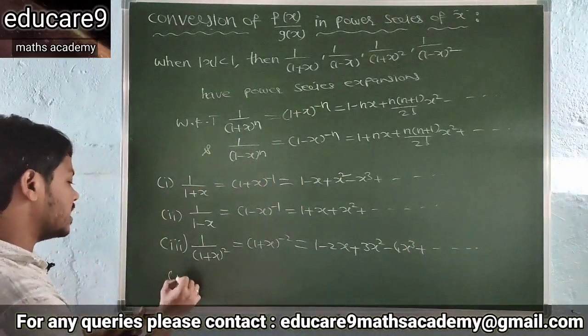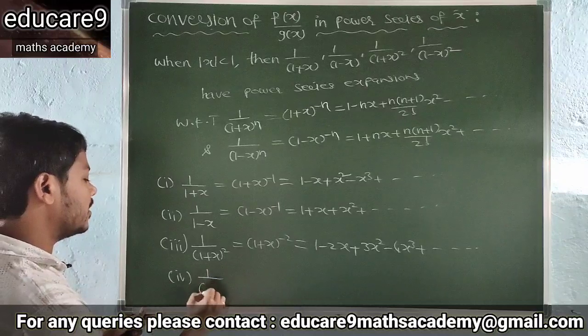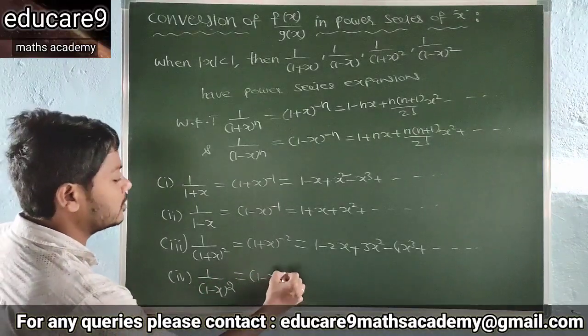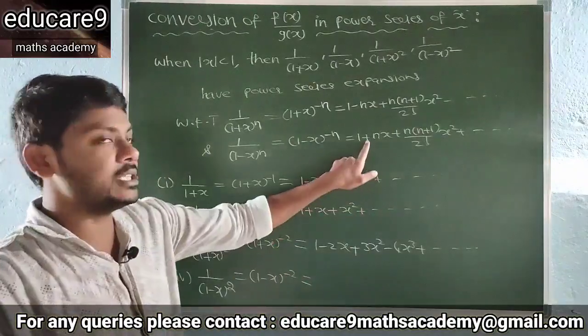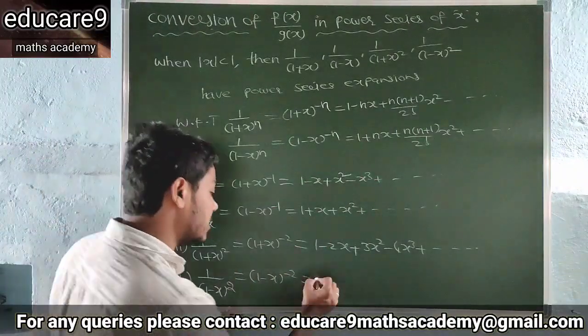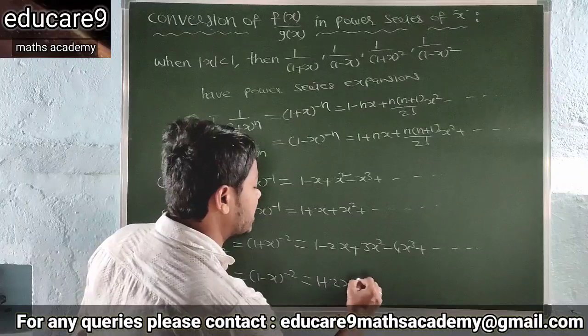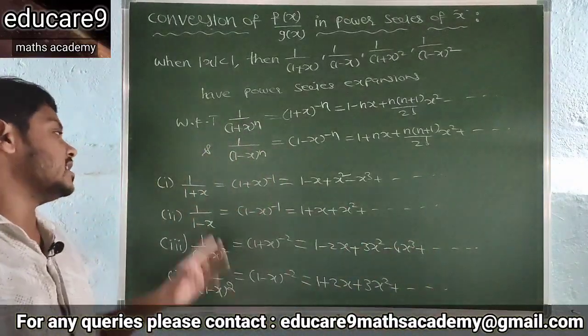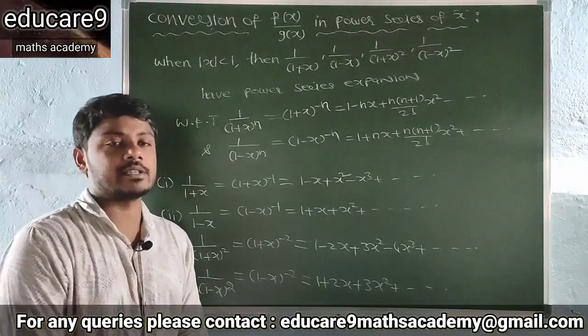Next, 1 by 1 minus x whole to the power of 2 is 1 minus x whole to the power of minus 2. Put n equal to 2 here and you get 1 plus 2x plus 3x square and so on. So these are the power series expansions.